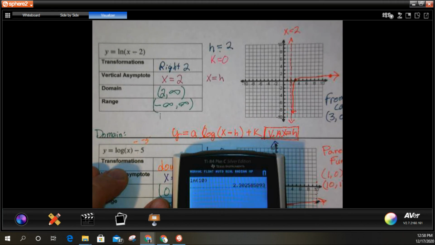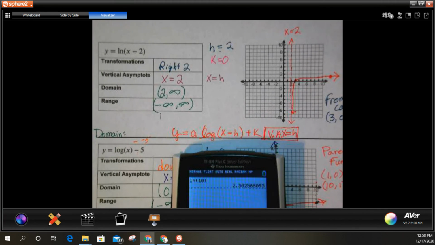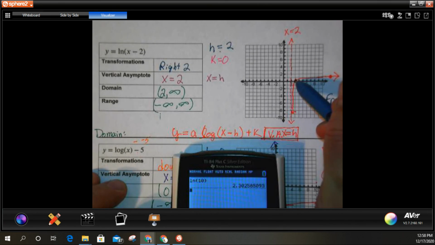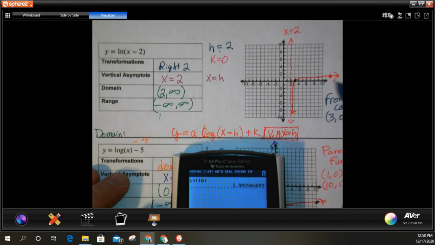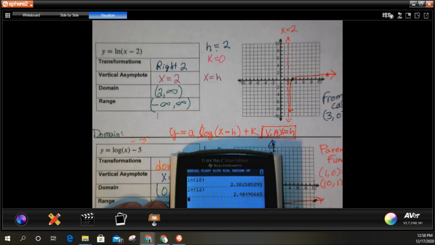Let's do ln of 12, see what happens. 2.5. Should move up or down. Well, we could. I'm just going to say it should be 12, 1. Something's going on with my calculator. I'll have to look into it.